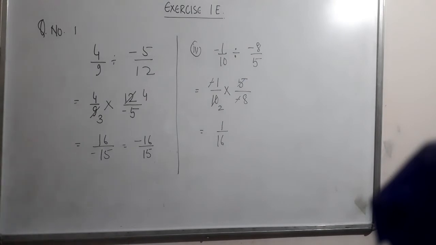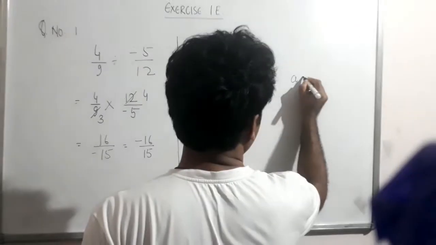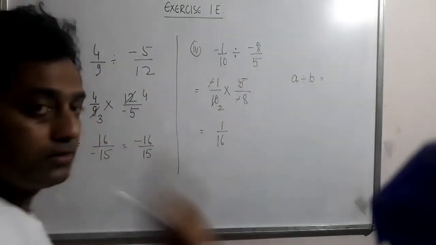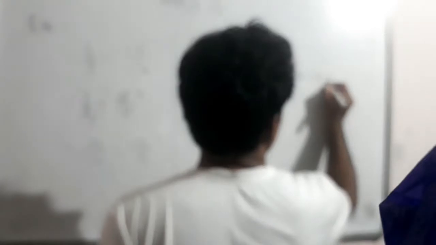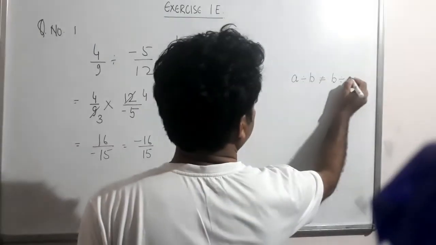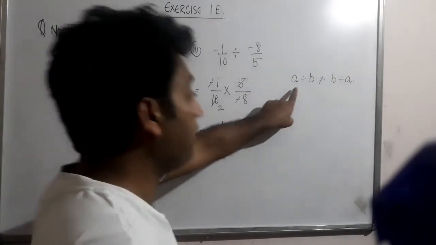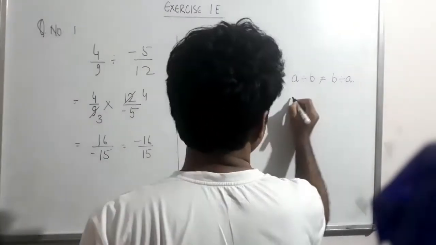Now before going to question number 2, let me clarify two things. If A and B are two different numbers, then one thing you have to remember is that A divided by B will never be equal to B divided by A. Again, if A and B are two different rational numbers, let's take an example.